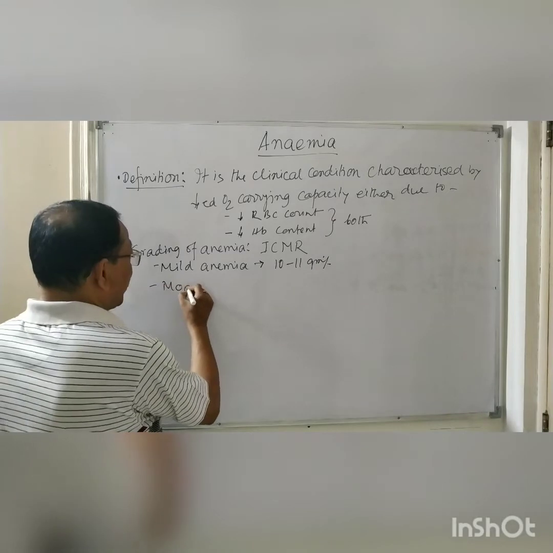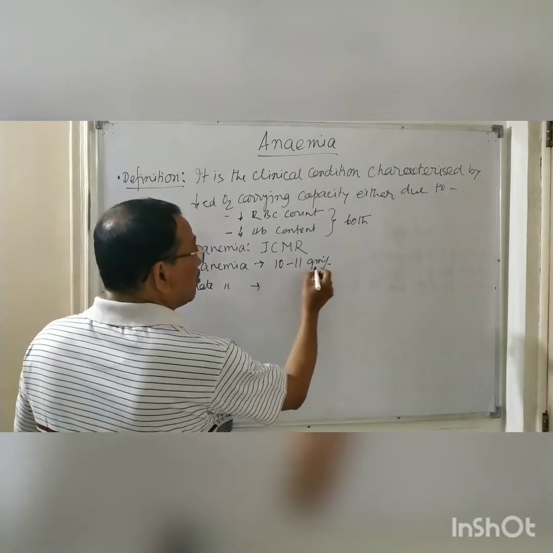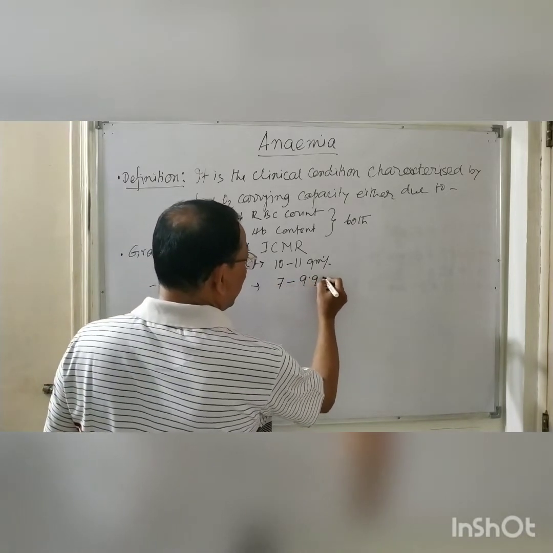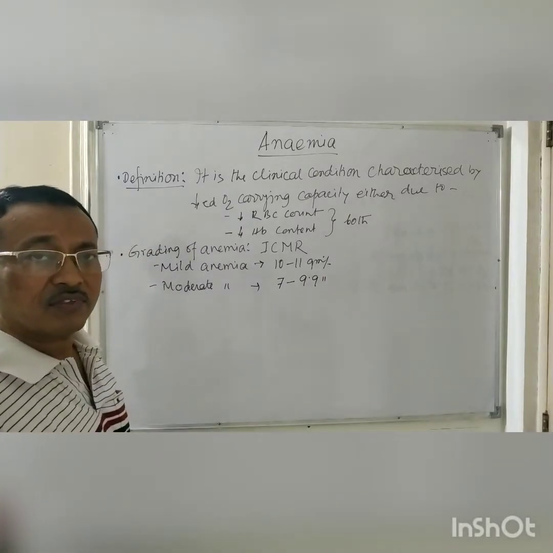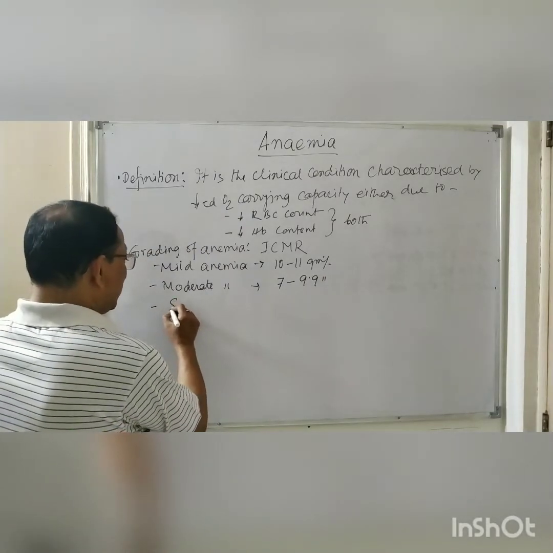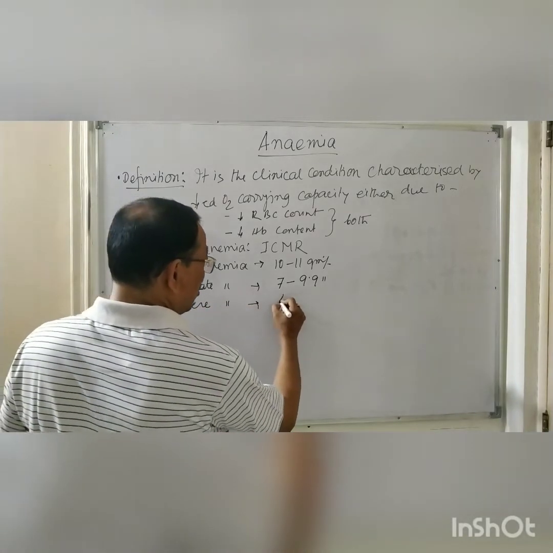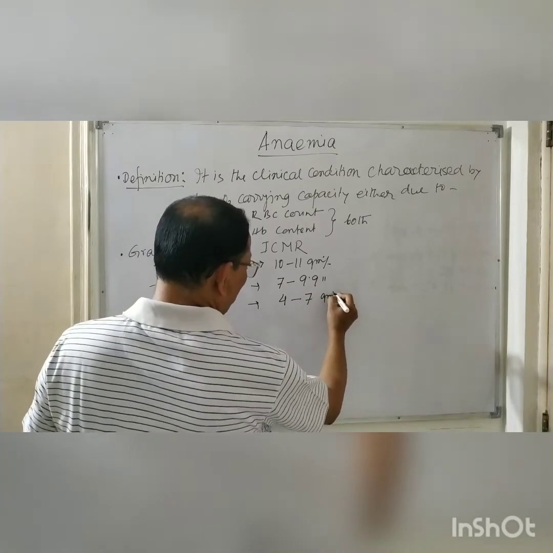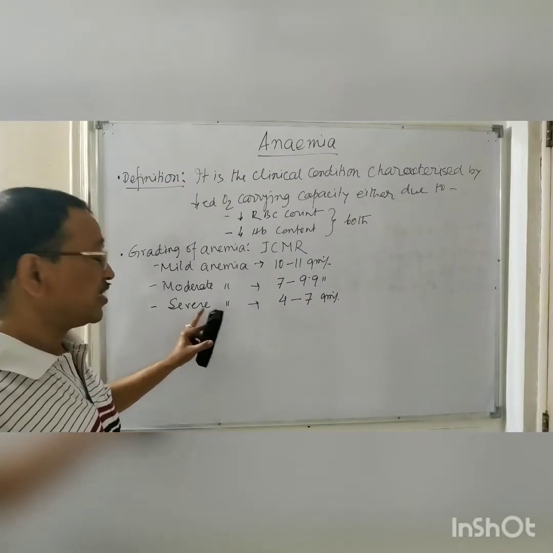Then there is the moderate anemia. If the hemoglobin concentration is 7 to 9.9 gram percent, this is considered as moderate anemia. Then severe anemia. If the hemoglobin content is in between 4 to 7 gram percent, then the person is considered as severe anemic.